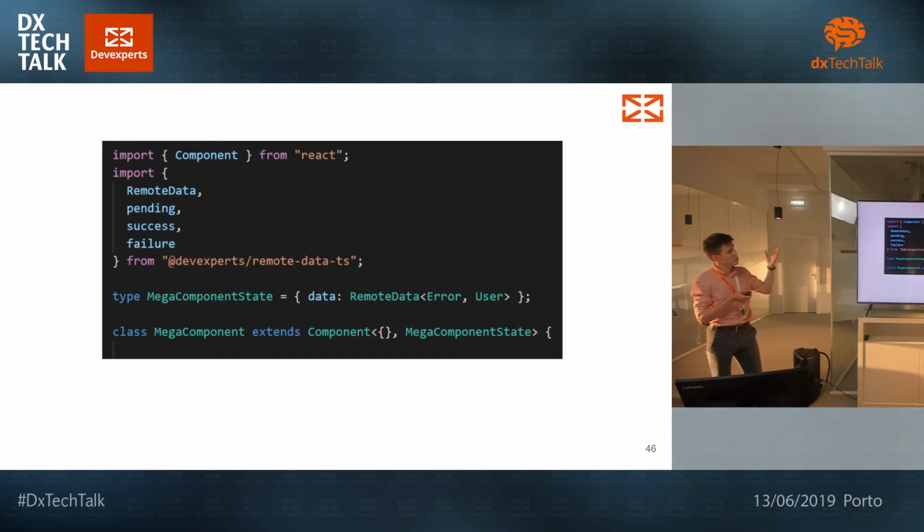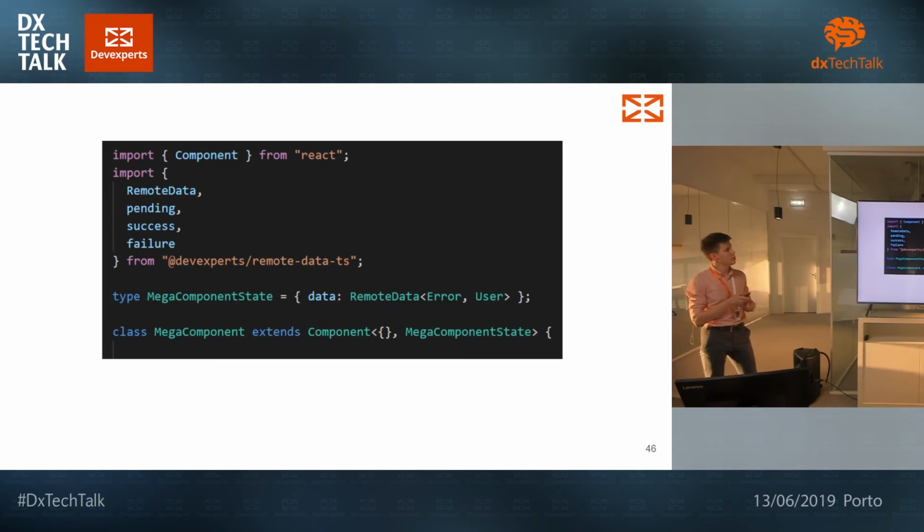We import our remote data type and its constructors from our package, because fp-ts itself does not have this type, so we just wrote it by ourselves. We have it for the community. Then we have our component state with just 1 field instead of 4 now.